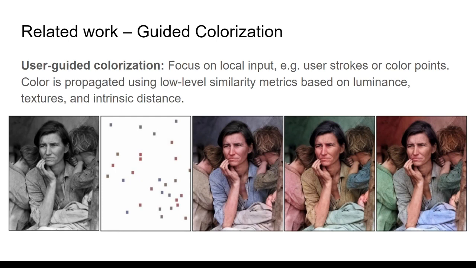This proposed method colorizes a grayscale image, which is on the left, guided by sparse user inputs, which is the second picture, providing the capability for generating multiple colorizations, which is the middle picture to the right picture.